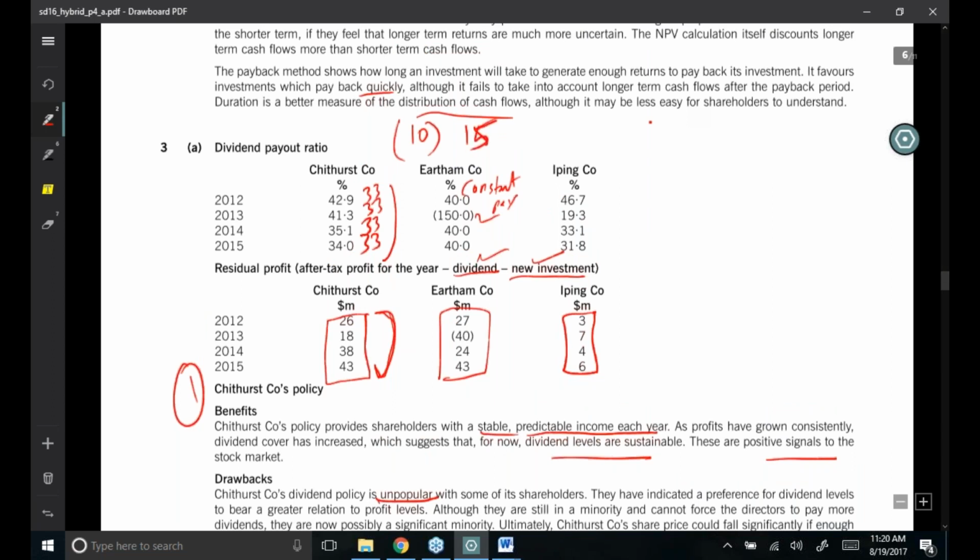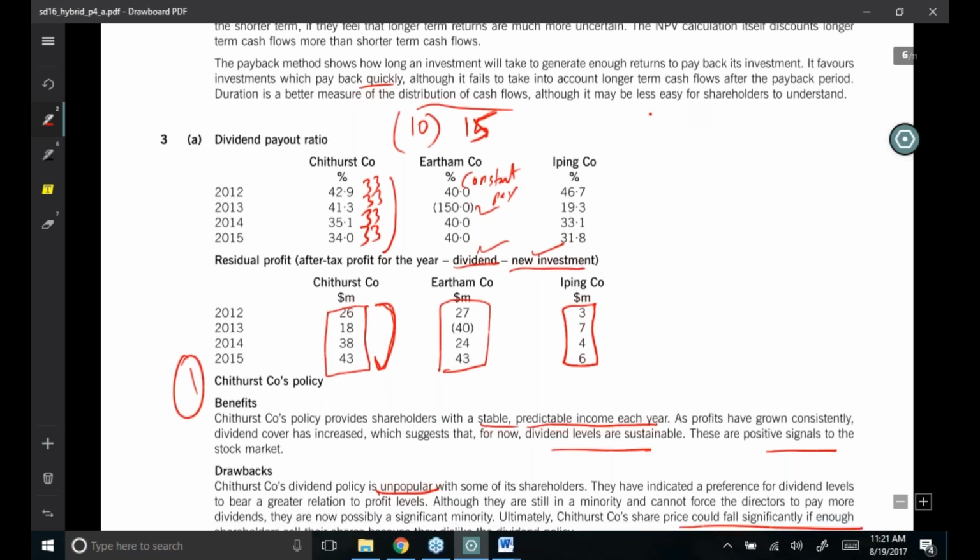That is the sign that gives surety to the shareholders that in regular years, we are paying you the constant payout ratio, and even in case of loss, we will pay you the minimum dividend. That's how you can win the confidence of shareholders.